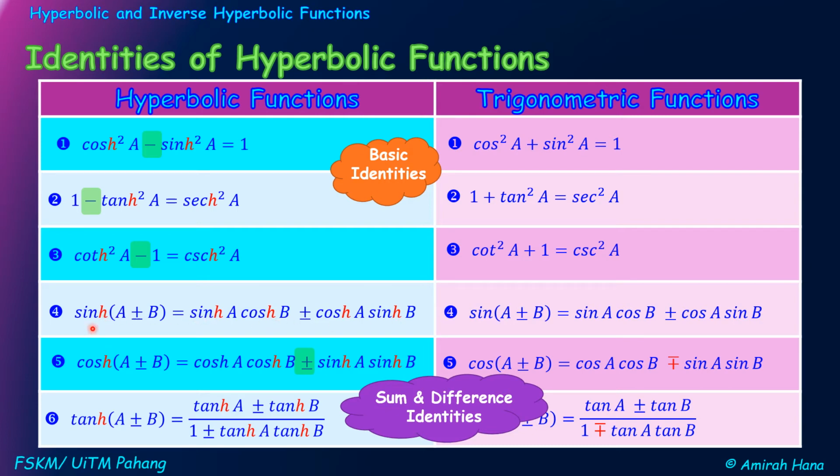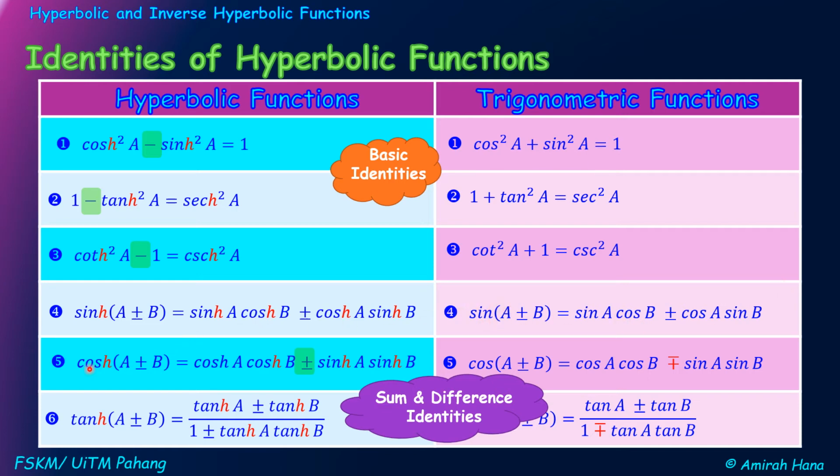So sinh of A plus minus B equals sinh A cosh B plus minus cosh A sinh B. This means when we use plus sign, when we expand, we must use plus sign. When we use minus sign, when we expand, we must use minus sign. It looks similar to trigo function, but in trigo function, no h here.